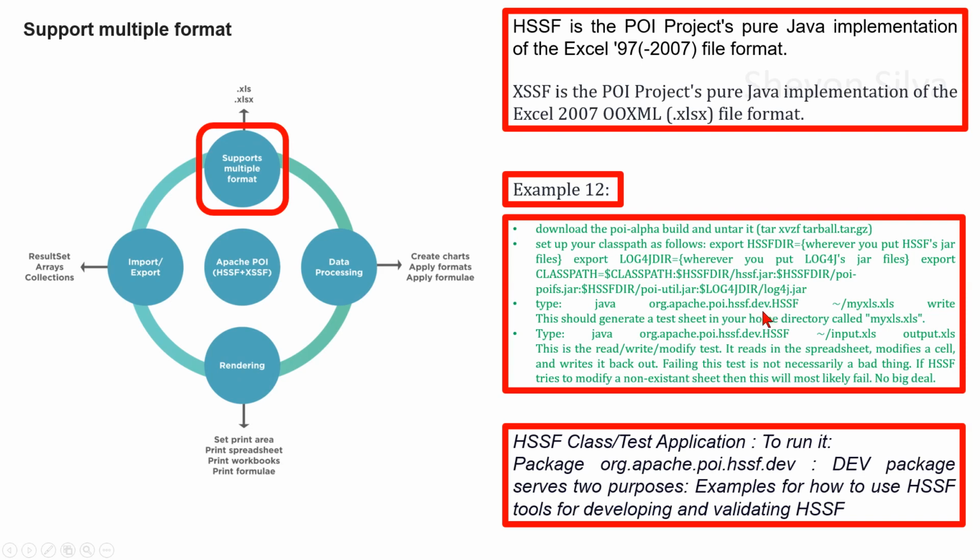The dev package serves two purposes: examples for how to use HSSF, and tools for developing and validating HSSF. The HSSF application is nothing more than a test for the high-level API and indirectly the low-level support. The main body of its code is repeated previously.